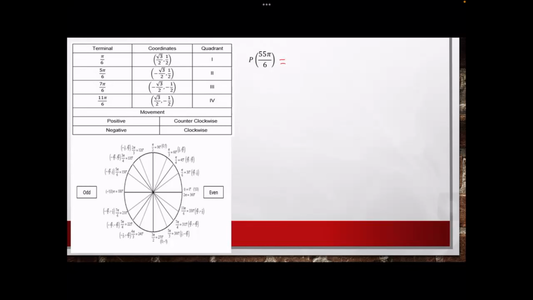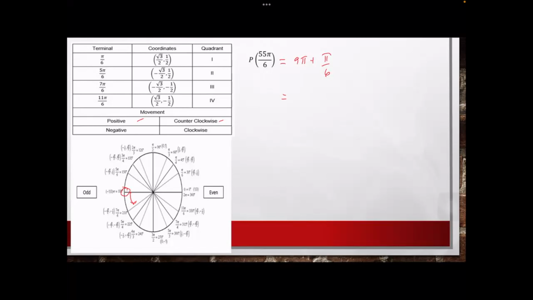Divide muna natin. Ano po? 9 pi plus pi over 6. Tapos add po siya. Add. Tama. Add siya. Tapos mag-add ka ng isa. It's positive. So, it is clockwise. Papunta siya saan? Pababa, sir. So, isa lang. Yan. So, magkakaroon ka dito ng... ito.